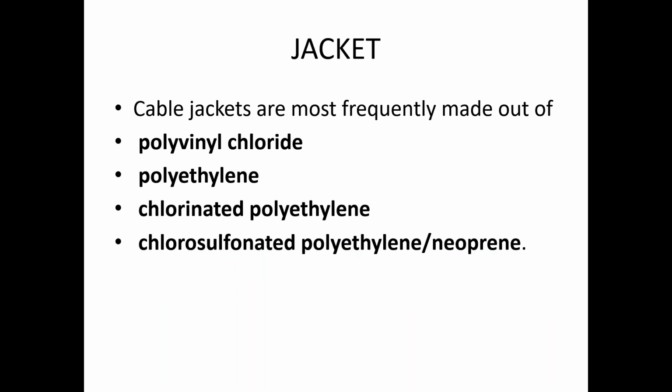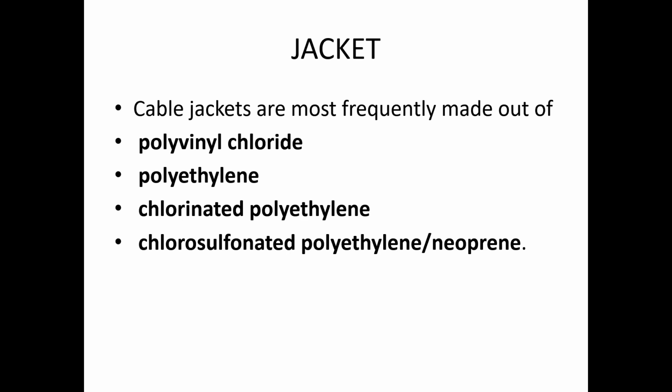The jacket is important because, again, it could be made of different materials. Are you burying your cable? If you're burying it, you need something that's going to protect it from water. Is it going to be out in the sun all the time? If so, you need something to protect it from the effects of UV sunlight.